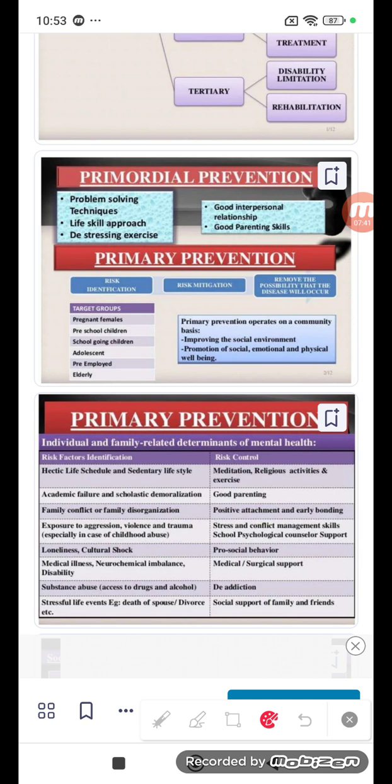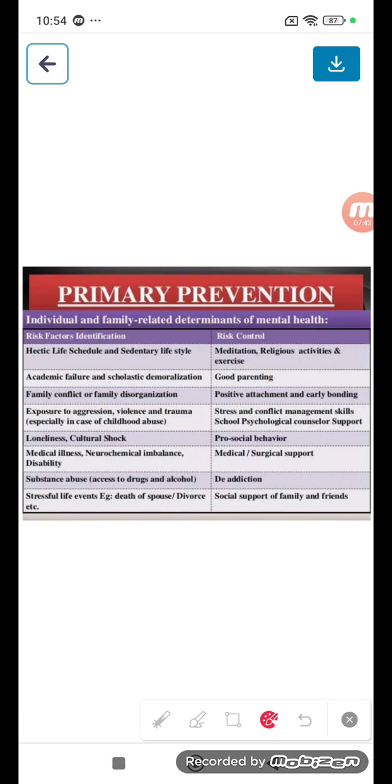So, regarding the secondary, just check this. In primary, some problems are there. What are those problems? The first ones are a hectic life schedule, and then risk factor identification and how to control them through meditation, regular activities, and exercise. These are some of the points mentioned.